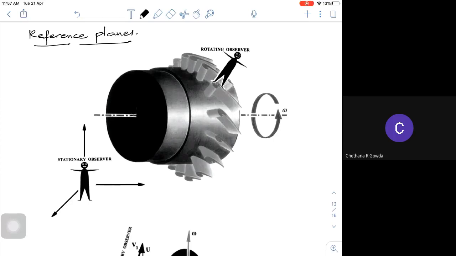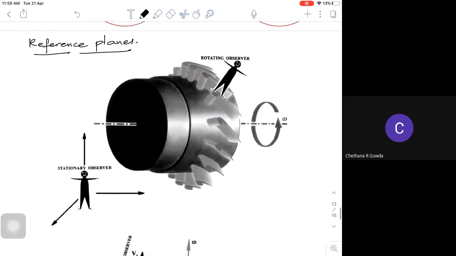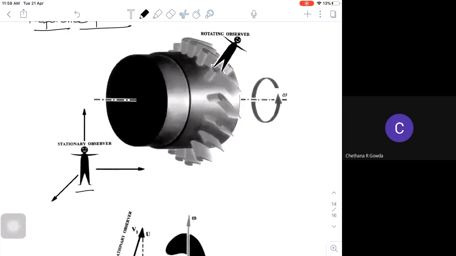Say for example, you have a stationary observer. The stationary observer is one who is going to see that rotating machine. So I can see in whatever direction, X, Y, Z direction, whatever I want.